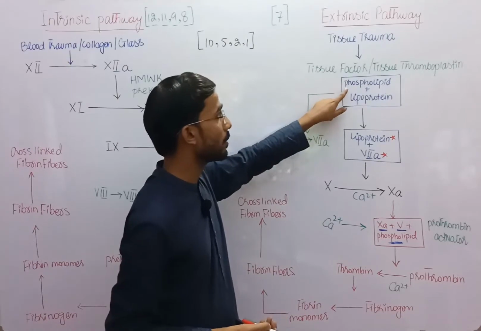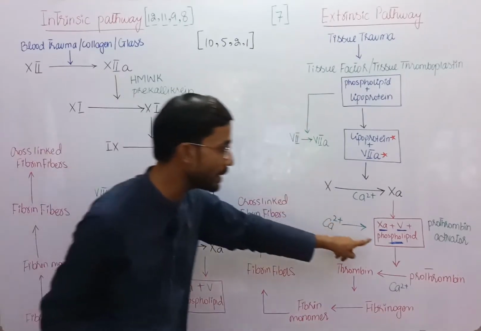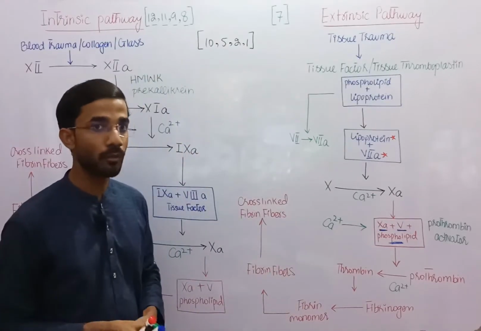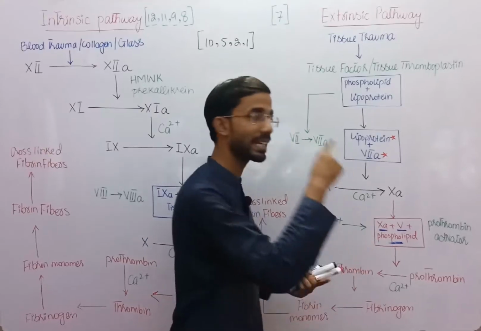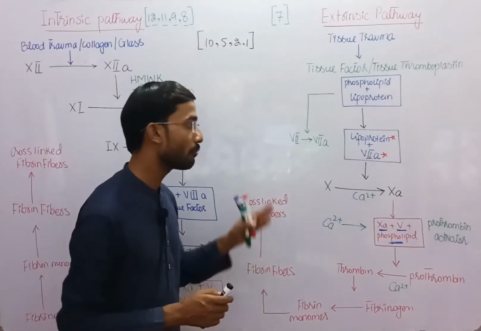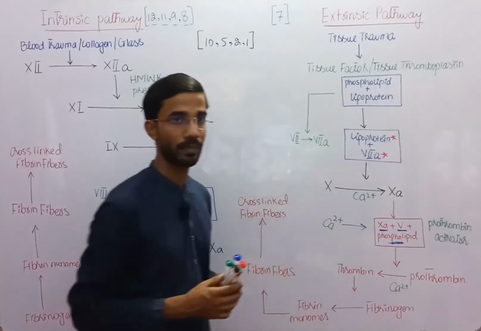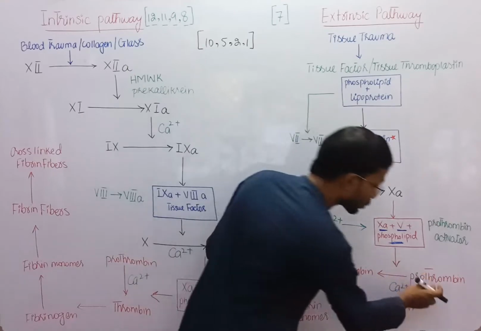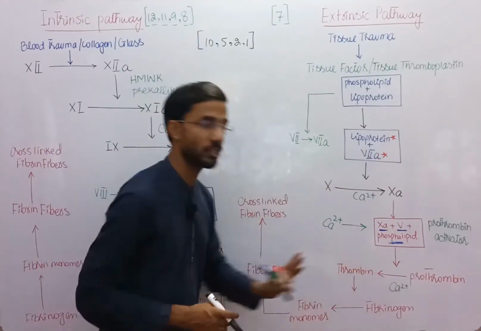First, it can be from tissue factor phospholipid, or it may come from platelet phospholipids. So this complex of activated factor 10, factor 5 and phospholipid is called prothrombin activator. It converts prothrombin into thrombin with the help of calcium.